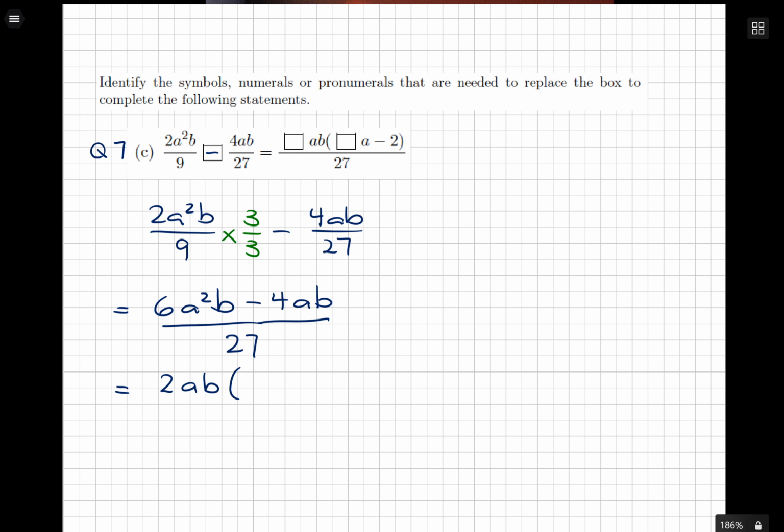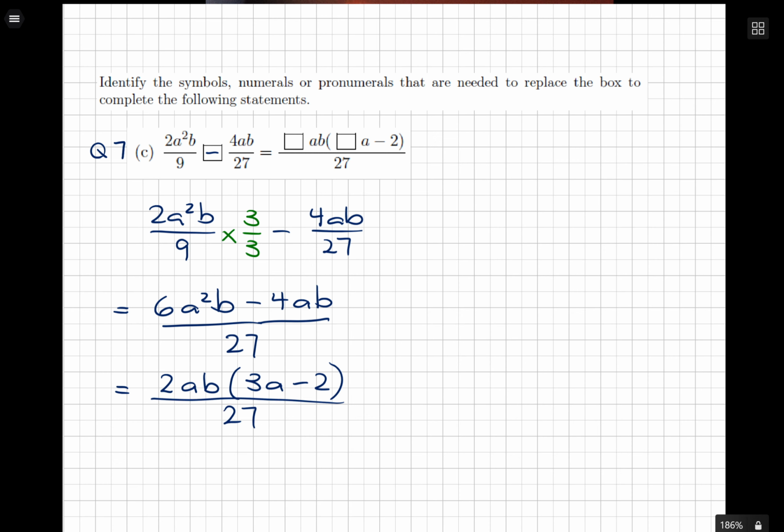Now to rebuild that first term, to get our 6a squared b, what do we need to multiply 2ab by to get that? So to get up to the 6 we need a 3, to get to the a squared we need another a, and the b is already there. Now next, what do we need to do to get our negative 4ab? 2ab times what will give us negative 4ab? 2 times negative 2 will get us the 4, and the a and the b are already there, so we don't need to put those in, and that's all over 27.